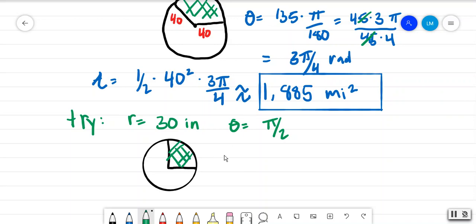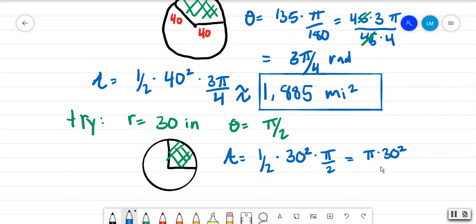Check this out: the area is going to be 1/2 multiplied by the radius squared, multiplied by pi over 2, which is pi times 30 squared divided by 4. That's still consistent with the way that I drew it, where this represents a quarter of the circle.